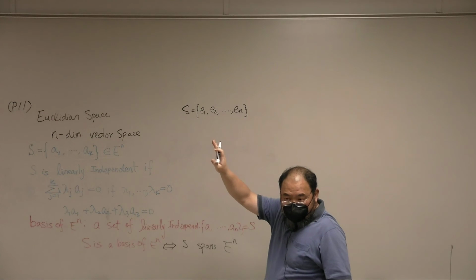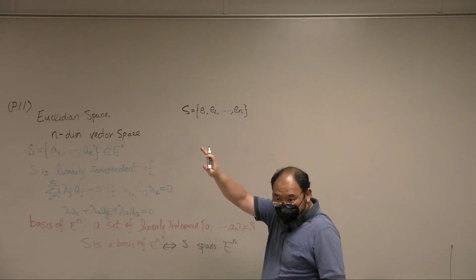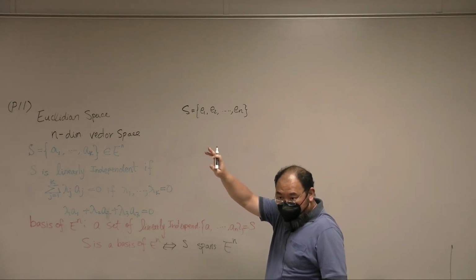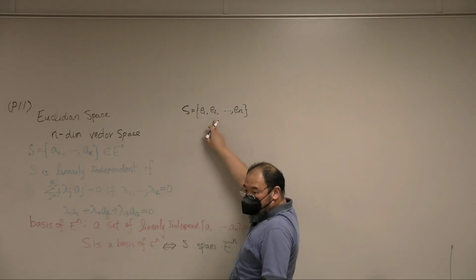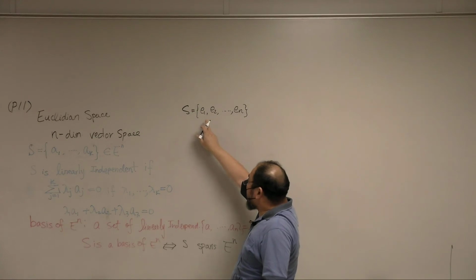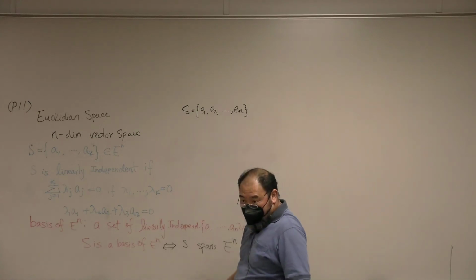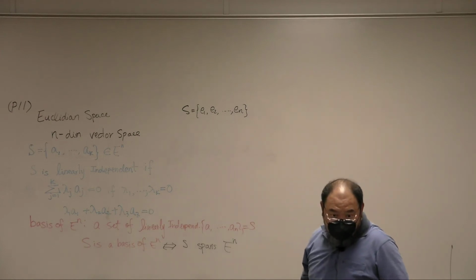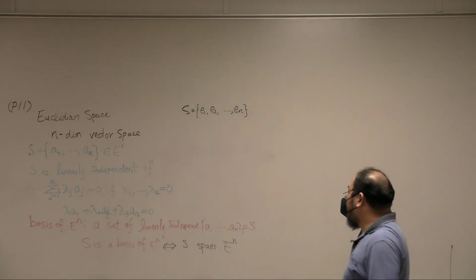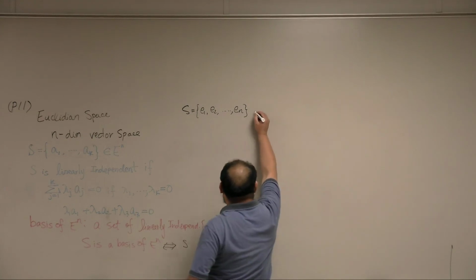What is E? E is a unit vector, correct? Unit vector. For the first position it is 1, the rest are 0. Second position 1, the rest are 0. So these are definitely linearly independent vectors, correct? They represent each coordinate, correct? And S spans En.